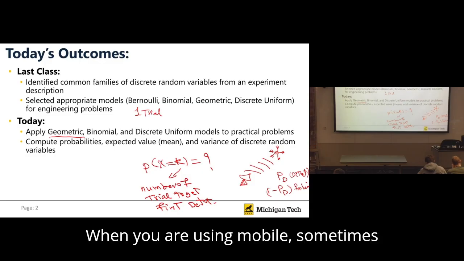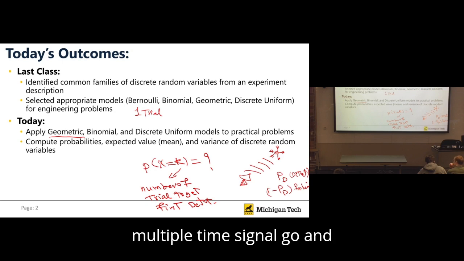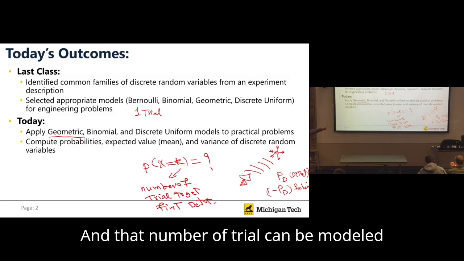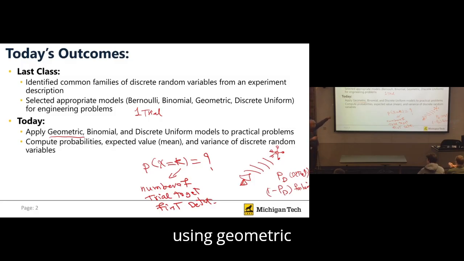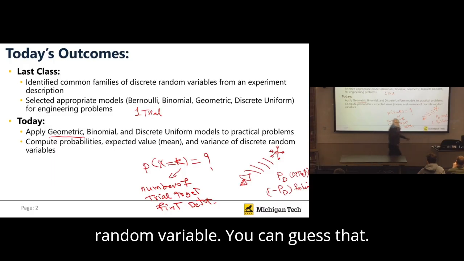When you are using mobile, sometimes the signal goes and comes multiple times to get detection. And that K is a random variable, the number of trials. And that number of trials can be modeled using a geometric random variable. You can guess that.